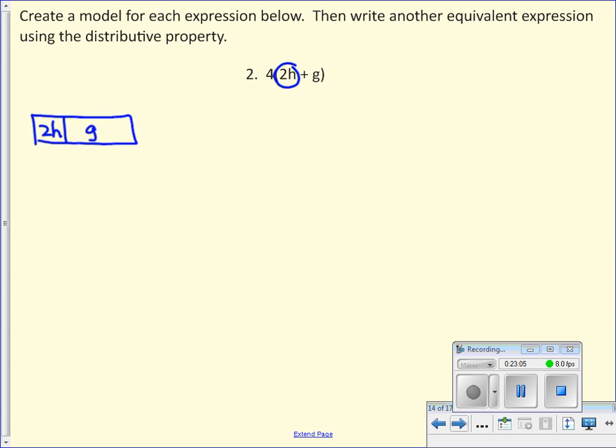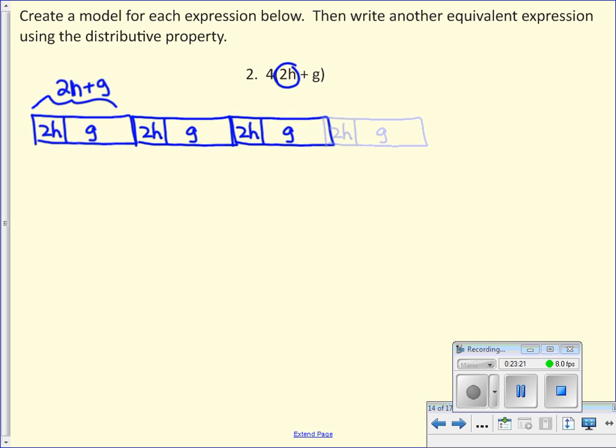So my first group is 2h plus g. But I have 4 of them. So now I can regroup them so that I could see an equivalent expression.